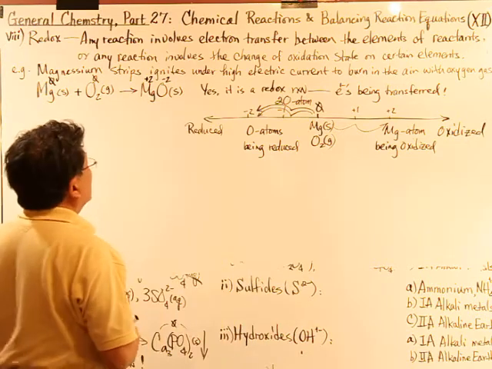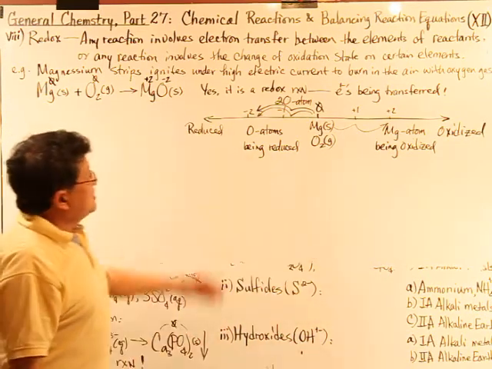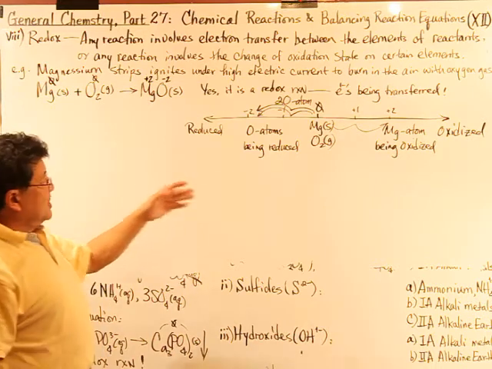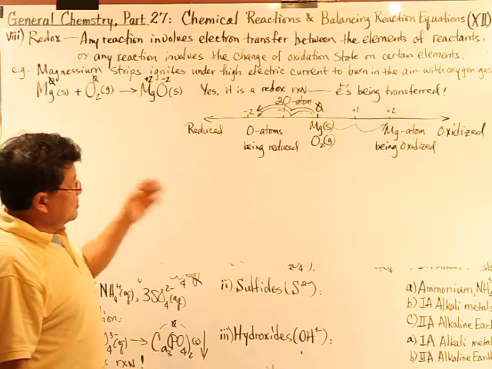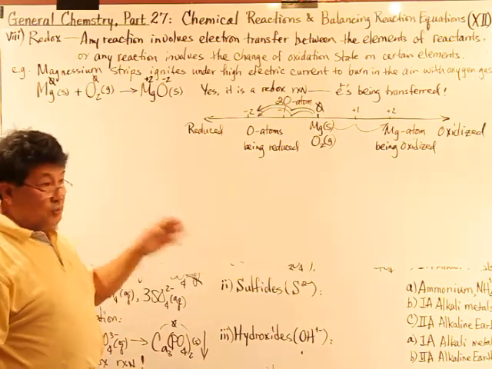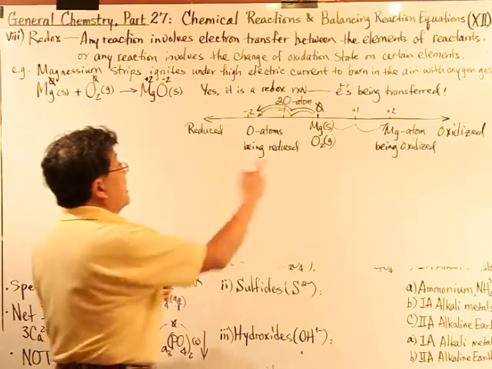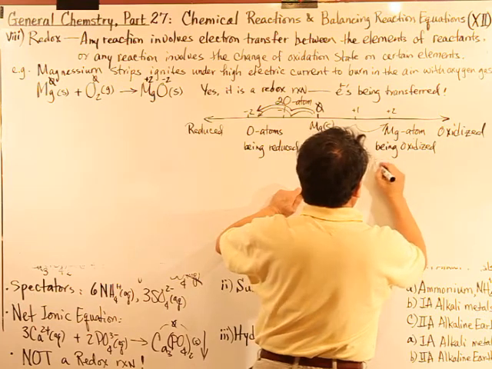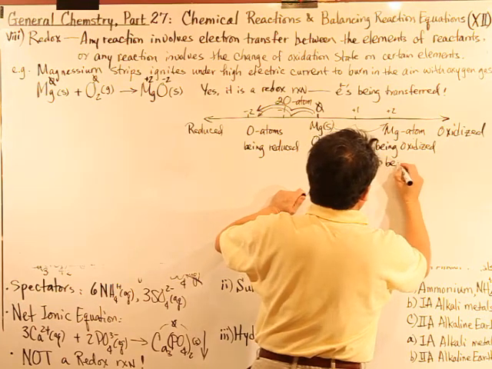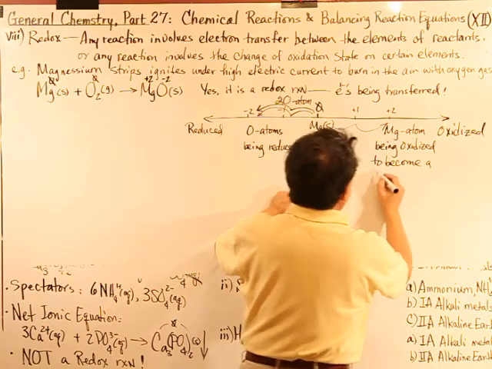Reduced. Now, if the magnesium is being oxidized, electrons are being taken away, and then those electrons go to somebody to do something. What is that? To reduce somebody. So the magnesium atom being oxidized becomes a what agent?